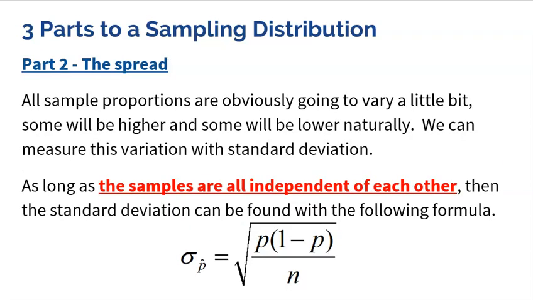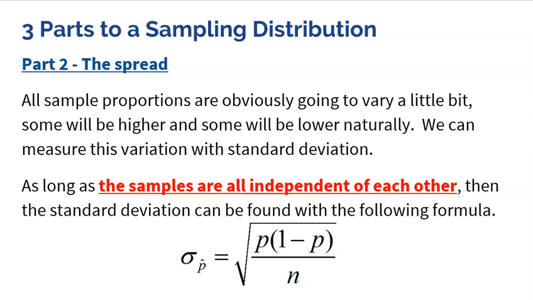All right, part two. The second part to a sampling distribution is the spread. Understanding that some samples are naturally going to be higher, some samples are naturally going to be lower, all sample proportions are obviously going to vary a little bit. Now we can actually measure this variation with the standard deviation. In the past, we were just estimating what the standard deviation is, but now we have a formula to find it.